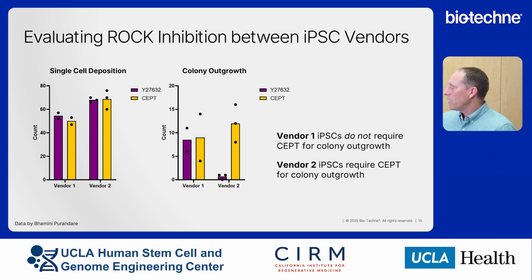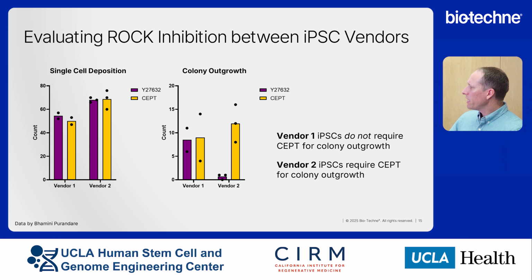We actually looked at comparing ROCK inhibition between the CEPT cocktail and the Y27632. And we found that for one of the cell lines, it didn't matter which you used. If you used Y27632 or CEPT, it seemed to give the same outgrowth rate on average.